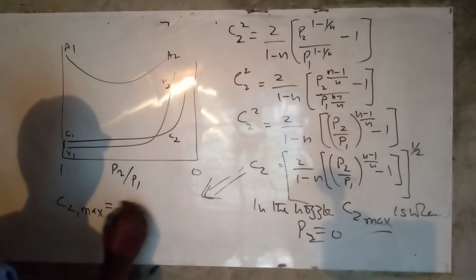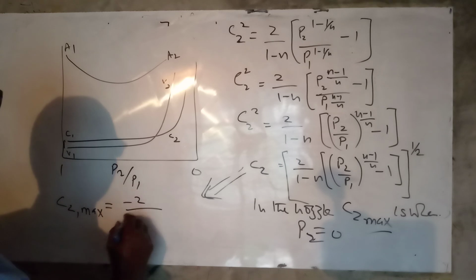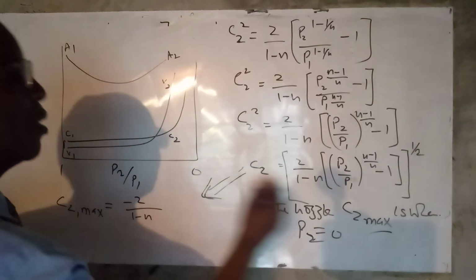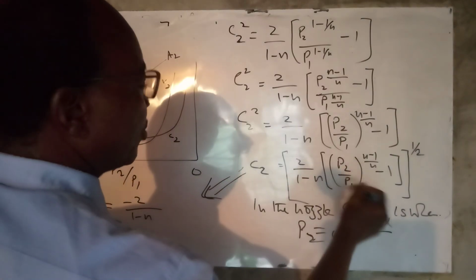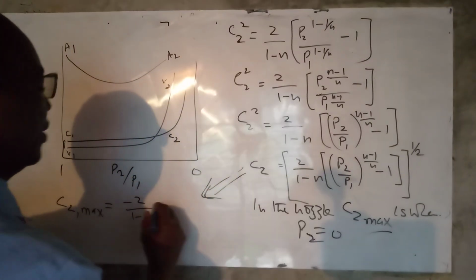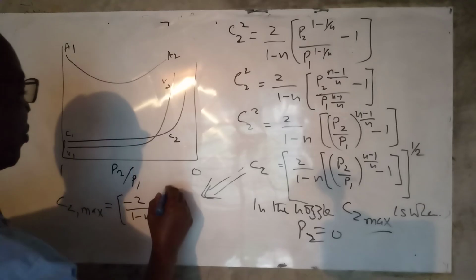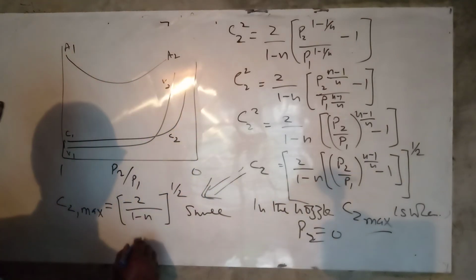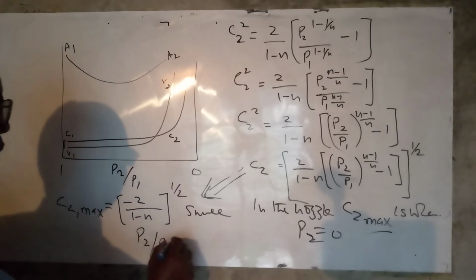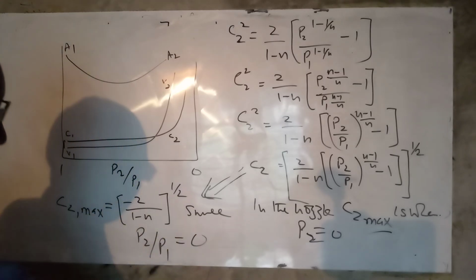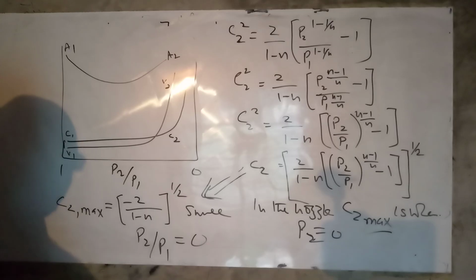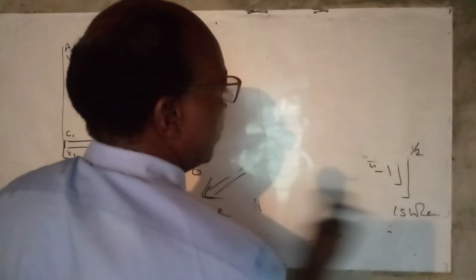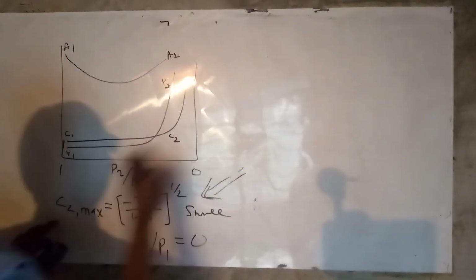We are going to have minus 2 over 1 minus n, because this is now 0 at that particular point. And of course, we have the square root, since P2 over P1 is equal to 0.